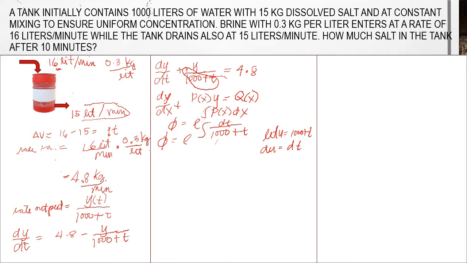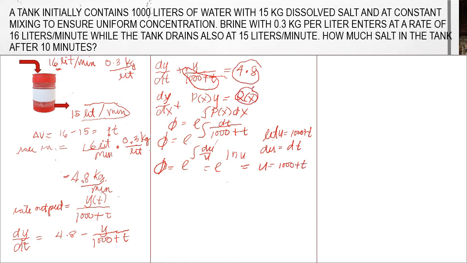So therefore your phi is equal to e to the integral of du over u, which is e to the ln of u, which is just equal to u. And of course, your u is equal to 1000 plus t.